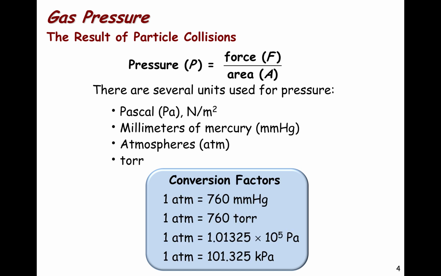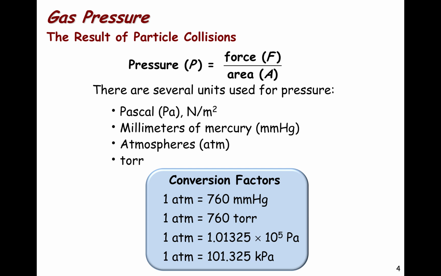The relationships are such that 1 atmosphere of pressure, the amount of force per unit area that the Earth's atmosphere exerts on a surface at sea level on an average day, is equal to a barometer that is 760 millimeters high in terms of the height of a mercury barometer.